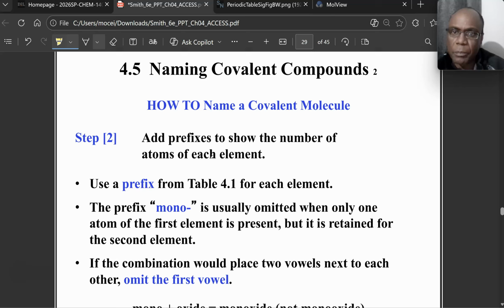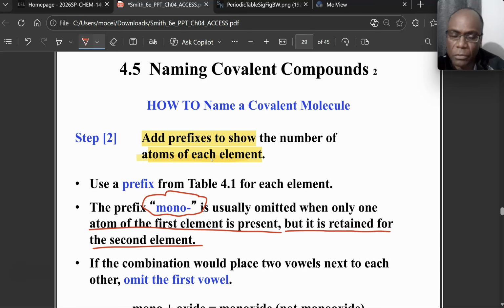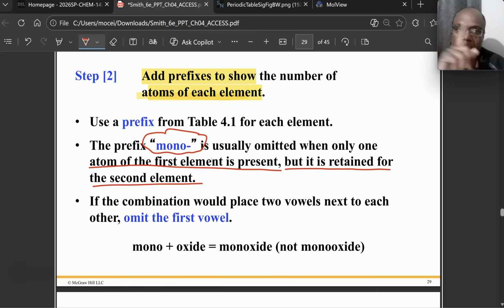We would add a prefix to show the number of each atom of element in our covalent compound. Mono is usually not used. It's omitted when only one atom of the first element is present, but it is retained for the second element. So if the second element is just one, then we'll have to say it. For example, if you have CO as a molecule, you call this carbon, not carbon oxide, but we'll have to say carbon monoxide.